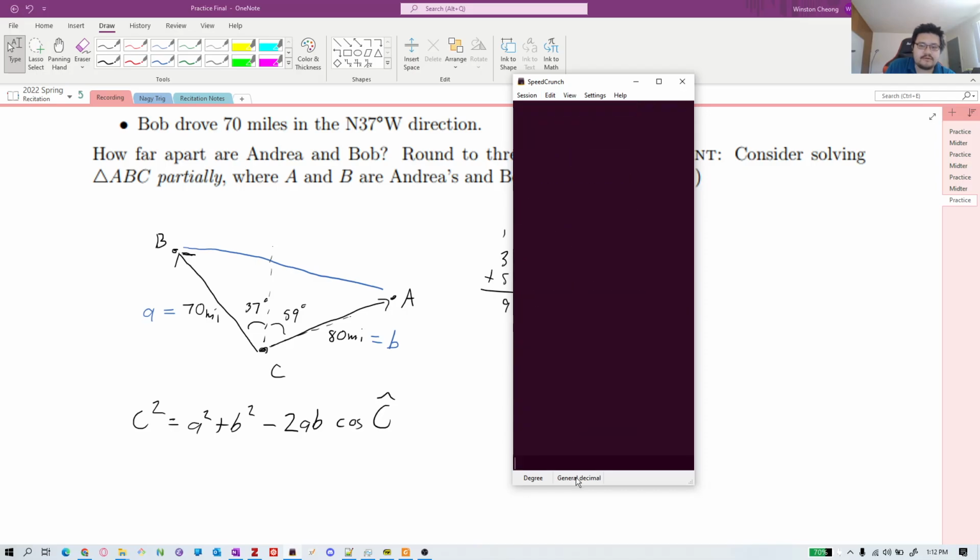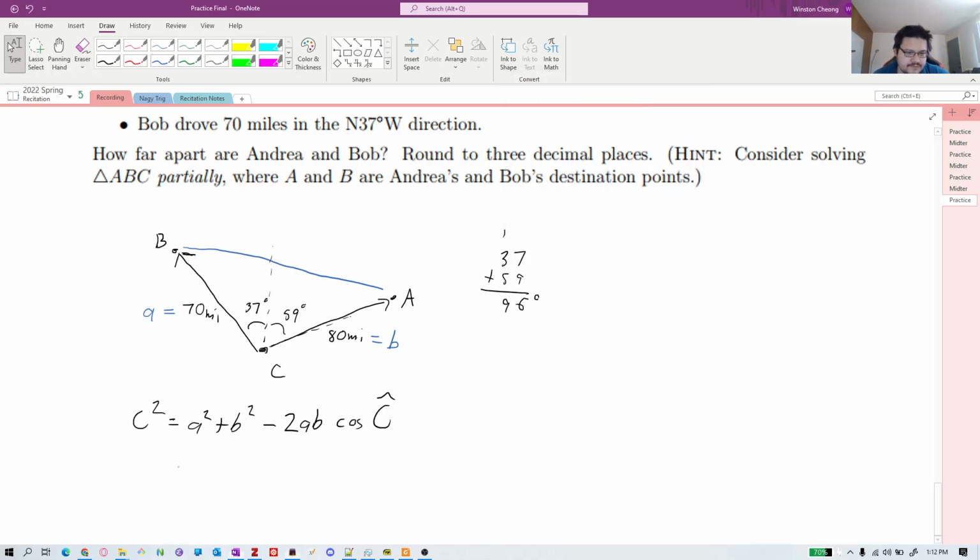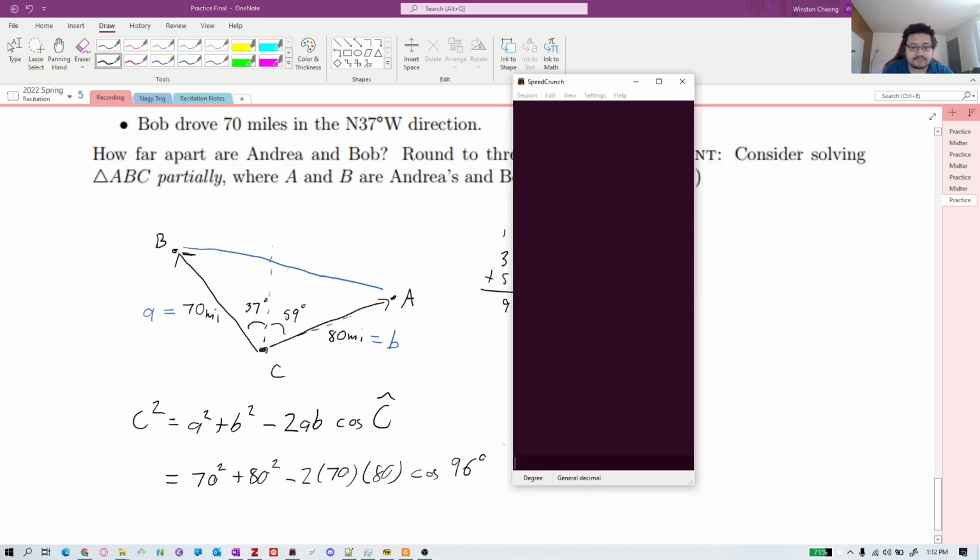You could try to plug it in manually, but if I remember right, there's no way to simplify this. So it's 70 squared plus 80 squared minus 2 times 70 times 80 times cosine of the angle C. The angle C is this guy we computed, so it's 96 degrees. And then you take the square root afterwards.